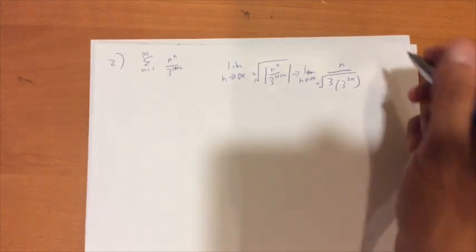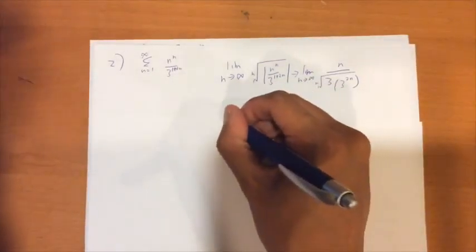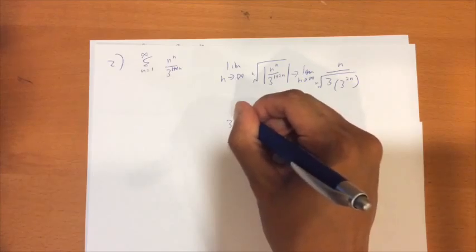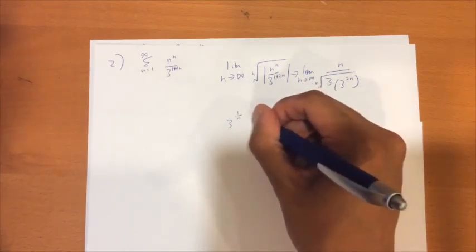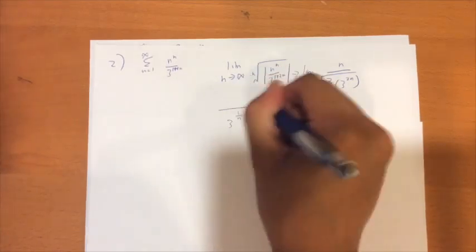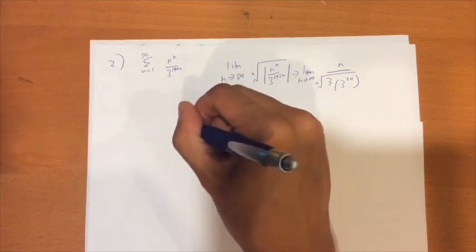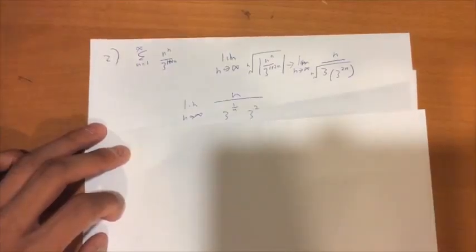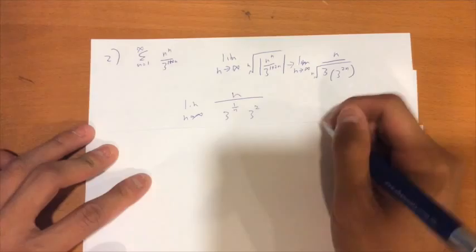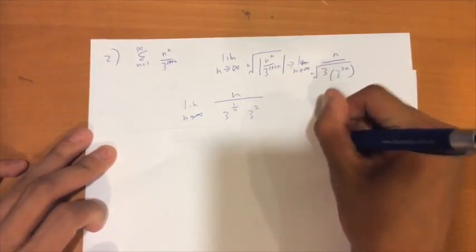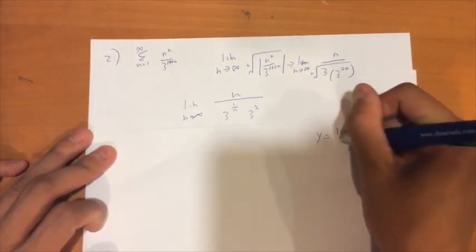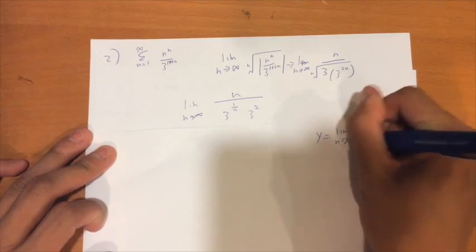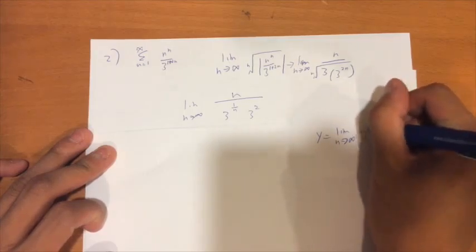So this will just become 3 to the 1 over n times 3 squared. Because you have this 3 to the 1 over n, you're going to have to set y equals the limit as n approaches infinity of 3 to the 1 over n.